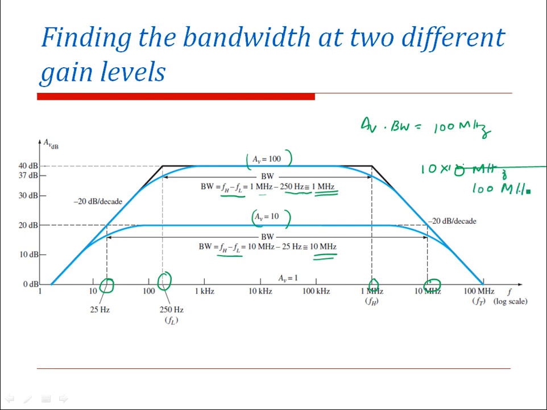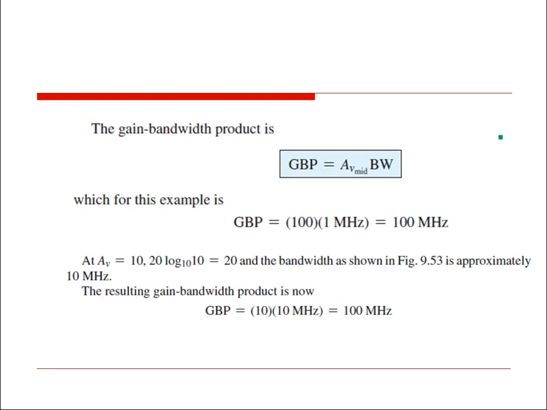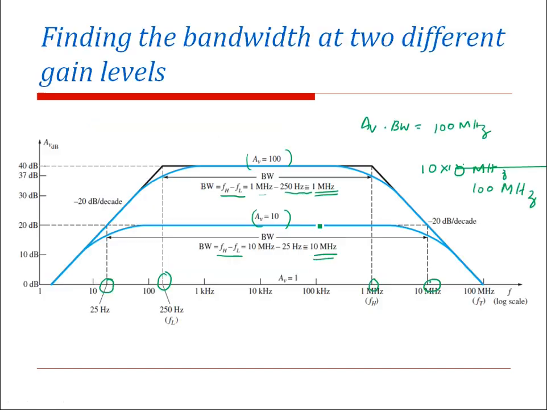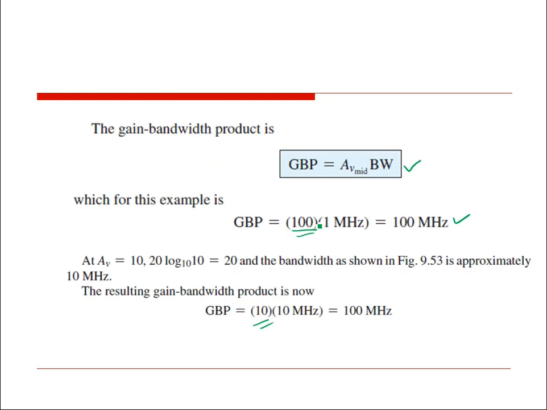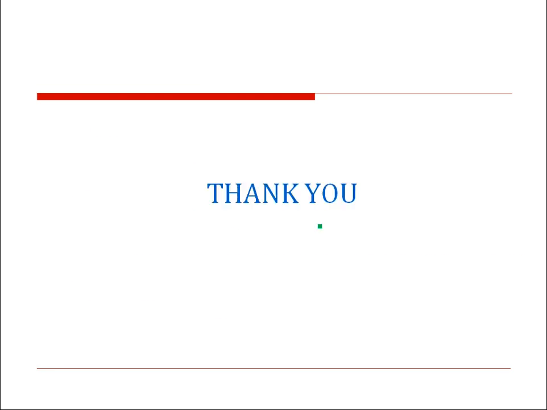You see that the gain bandwidth product is remaining constant. So the gain bandwidth product is always a constant. It is 100 megahertz for both gain levels. When gain is equal to 10 or when gain is equal to 100, it is the same. The gain bandwidth product is a constant.